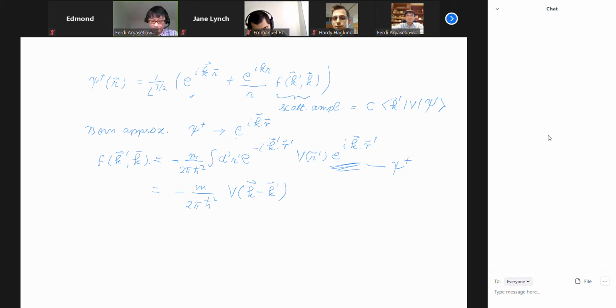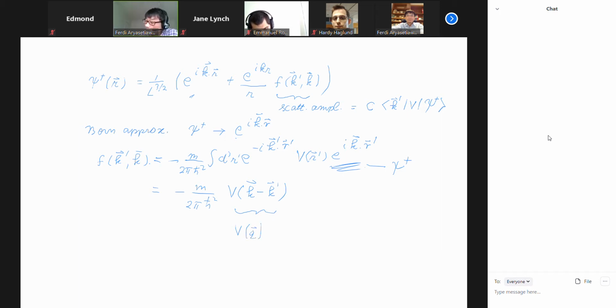And since we are considering a spherically symmetric potential, this matrix element, this scattering amplitude, can then be calculated analytically to a certain extent. So that gives us, let's call it V(Q) here, where Q is the difference between K and minus K prime.